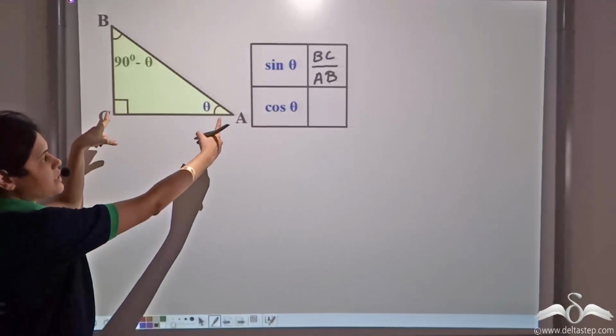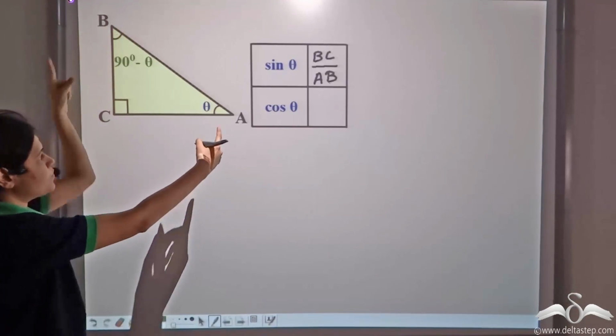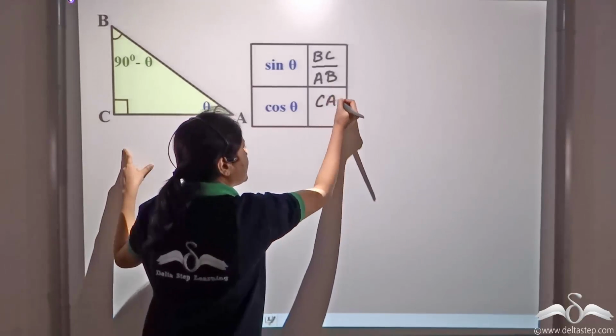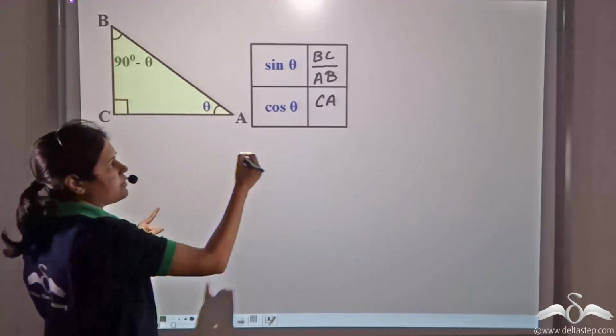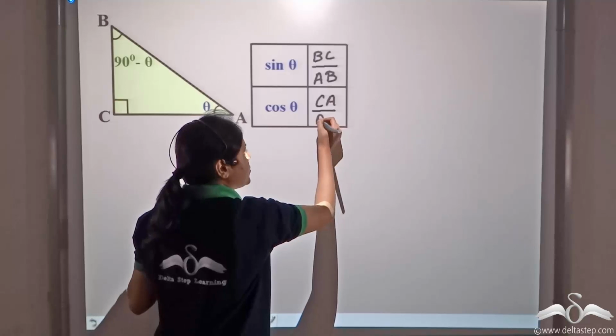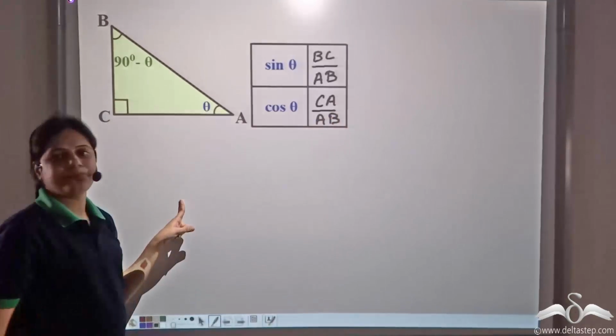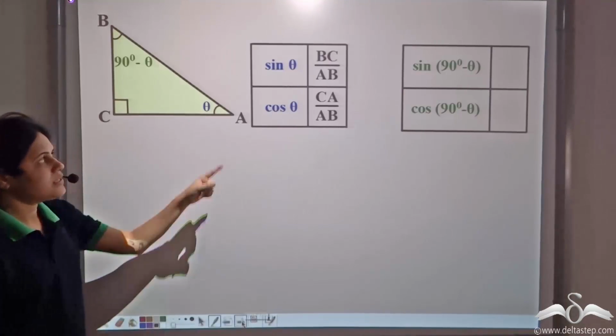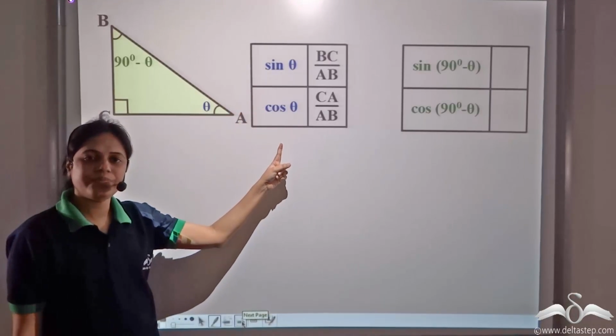Cos theta is adjacent by hypotenuse. Adjacent side is CA and hypotenuse is AB. So it is CA by AB. So this is what we have, sine theta and cos theta.